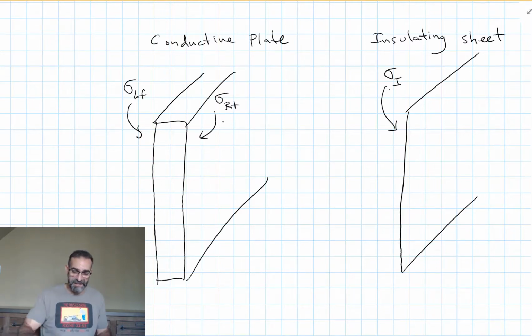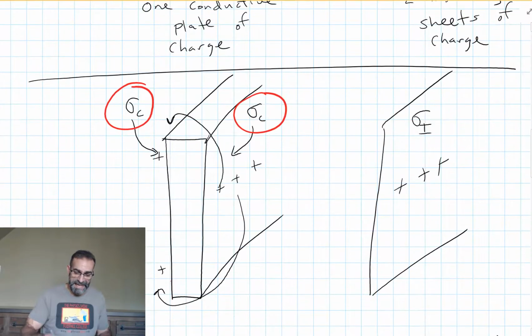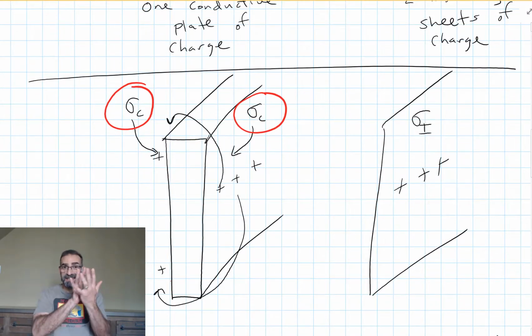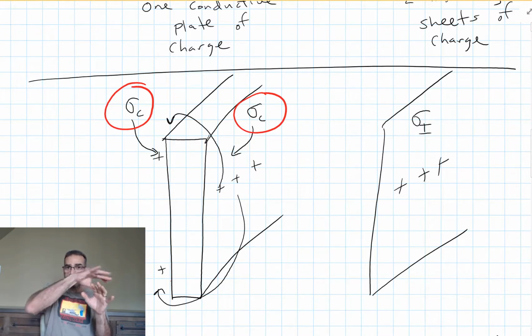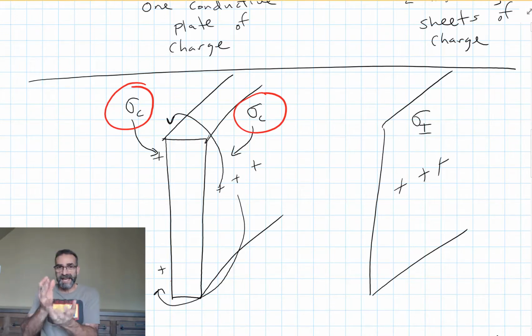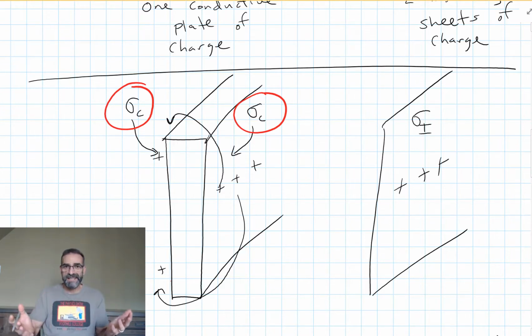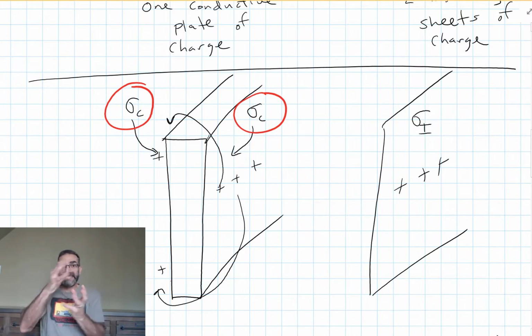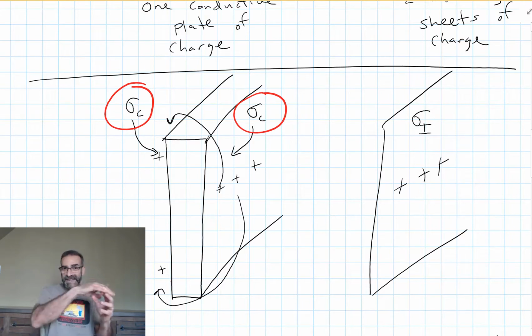If I have a conductor that has sigma c on each side of it, and I bring another charge next to it, and some of those charges move over to the right side or to the left side, back and forth, what do I know about the total charge? It has to be the same, right? It didn't change. Nothing touches this sheet where the charges can leave. Nothing adds more charge. It's just redistributing itself from the right side to the left side and vice versa.